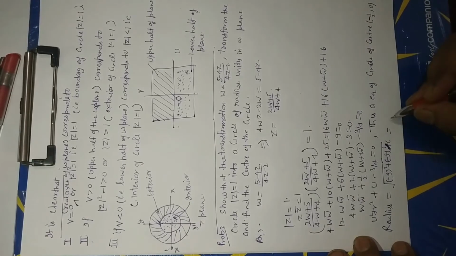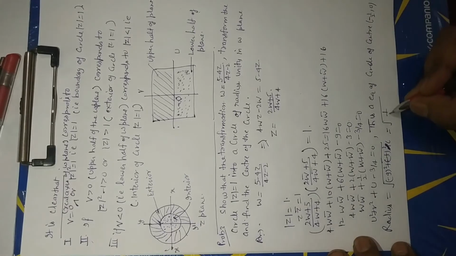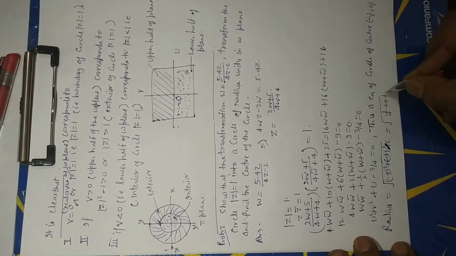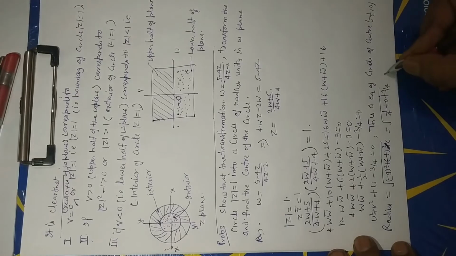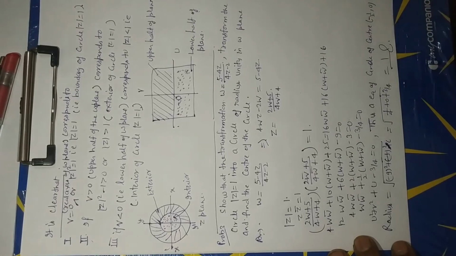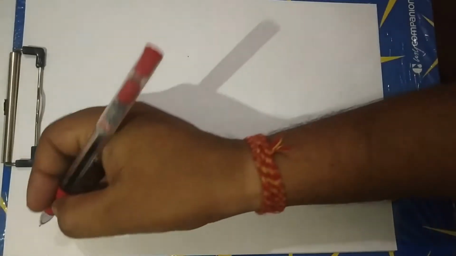This is equal to under root of 1 upon 4 plus 0 plus 3 by 4, which is equal to 1. This is the complete solution. Next problem.